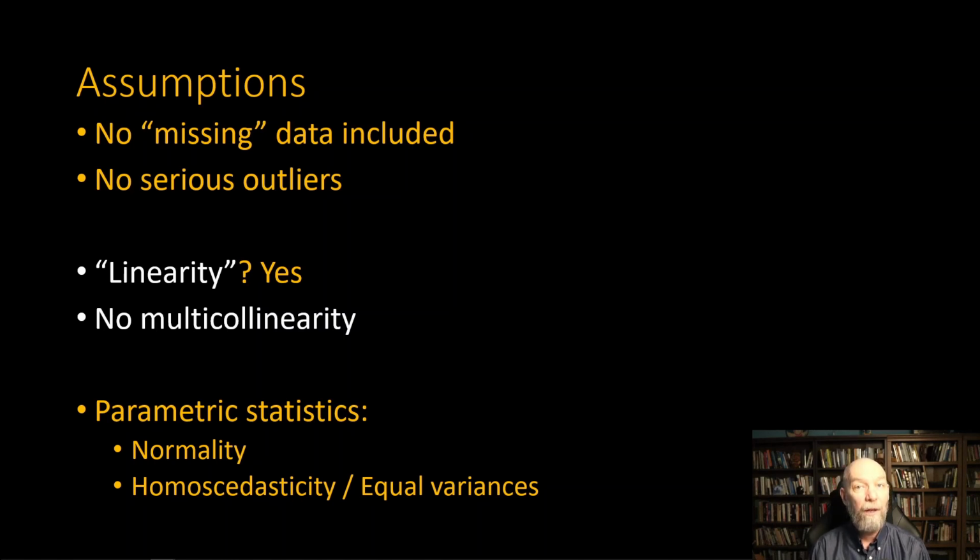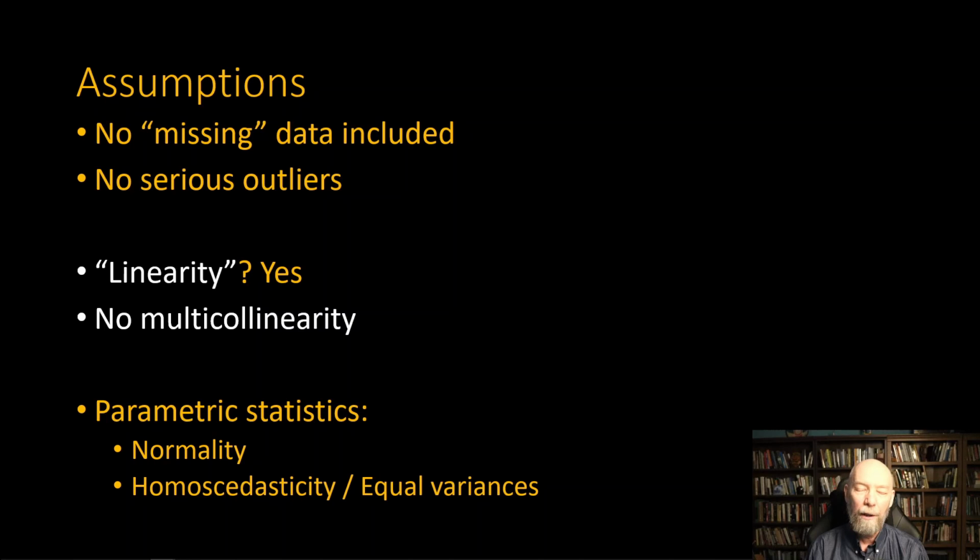But in this circumstance, if we have 2 or 3 or 4 independent variables, or however many we have, we actually end up with a multi-dimensional best fitting projection. And that is still assuming a certain kind of flat surface, but it begins to boggle the mind to be able to conceptualize a 3 or 4 or 5 dimensional flat surface. So we're just going to say there is still an assumption of linearity. Curved relationships are not seen, but we're not going to try to unpack that any more than that.